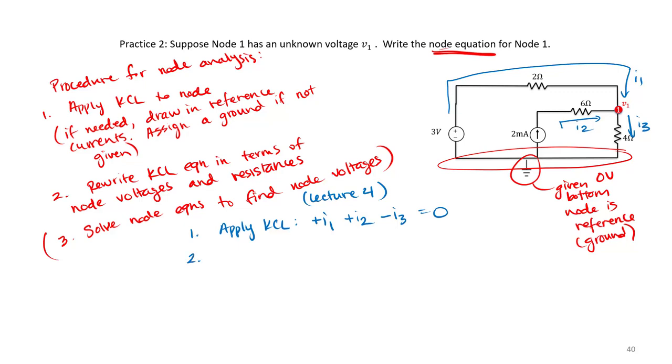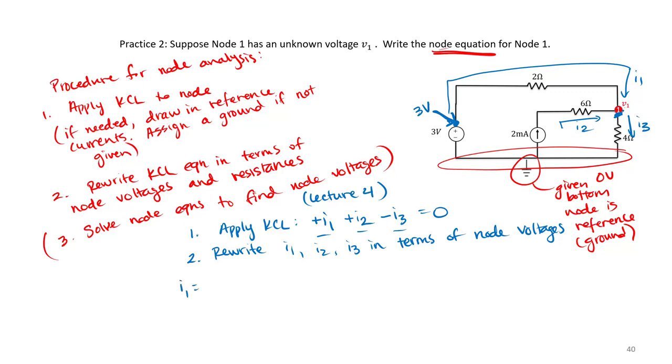Our next step is to rewrite these currents I1, I2, and I3 in terms of node voltages. So in this case, notice for I1, we're sitting over here at 3 volts initially, and then we end at V1. We pass through a 2 ohm resistor.